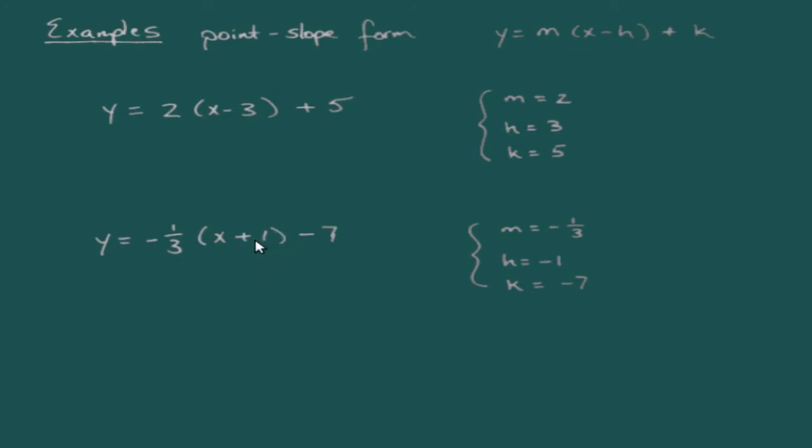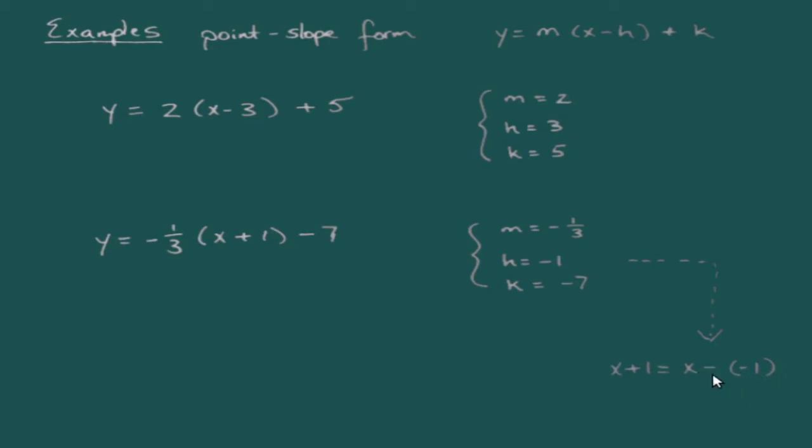Now, inside, what we really wanted from our form was a minus. And so what's kind of happening in that case is that it's kind of our subtraction abbreviation again, in that we've got x plus 1 written as x minus the negative 1.